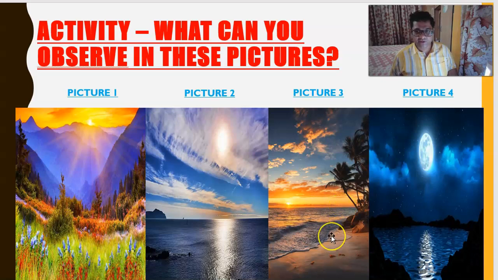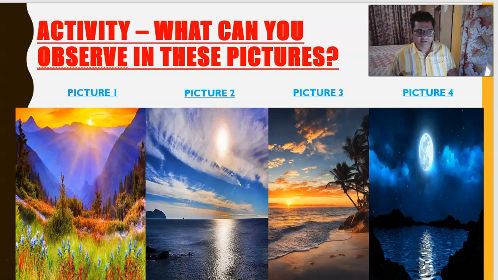So we call this evening time, isn't it? And finally, we come to the 4th picture, where the sun has set and the moon has risen. So we call this night time, since there is no light, only moonlight.